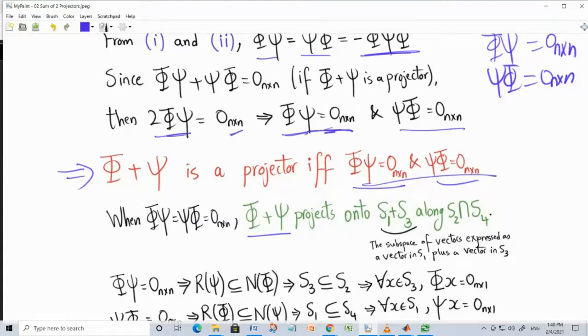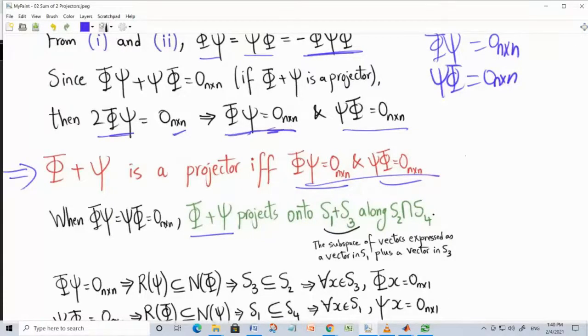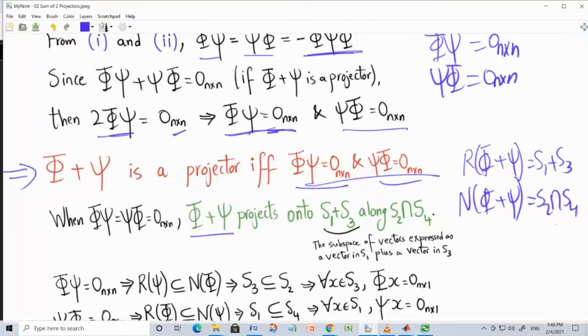So, to prove this claim: again, the claim is that the range of phi plus psi is S1 plus S3, and the null space of phi plus psi is S2 intersection S4.